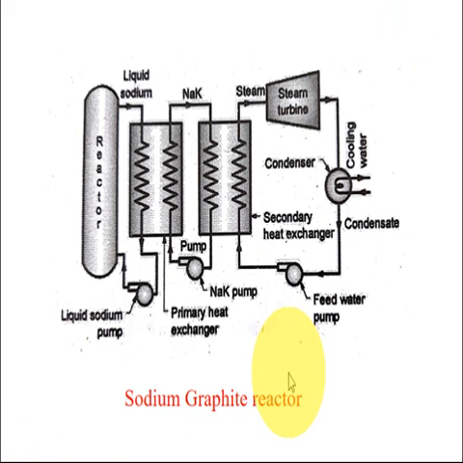Next is the liquid metal reactor, that is the sodium graphite reactor, which uses liquid sodium as a coolant and graphite as a moderator, and this works at very high temperature, at 50 degrees Celsius at 7 bar.